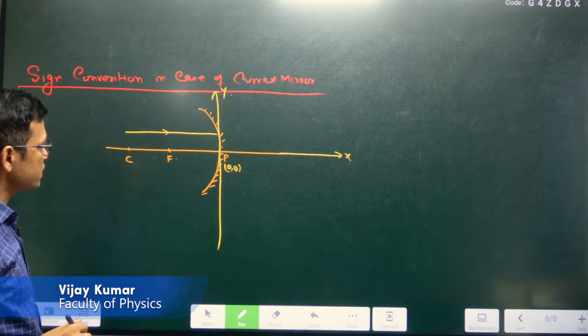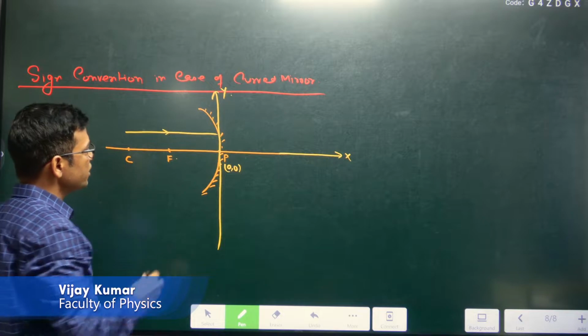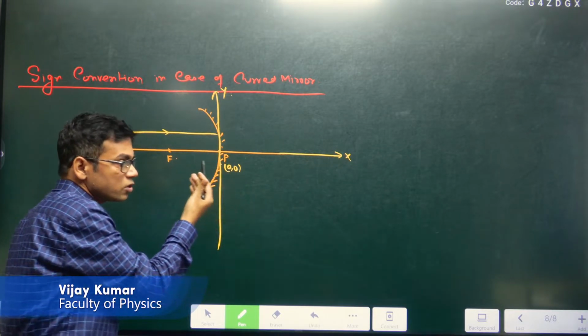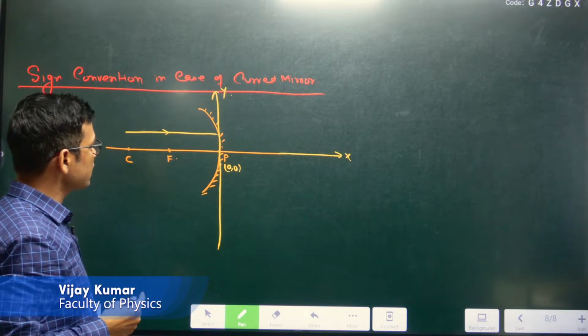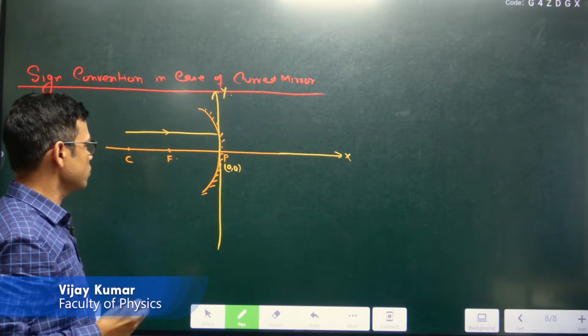So all the distances which are measured opposite to the direction of the incident ray are taken as positive. This is the first rule.